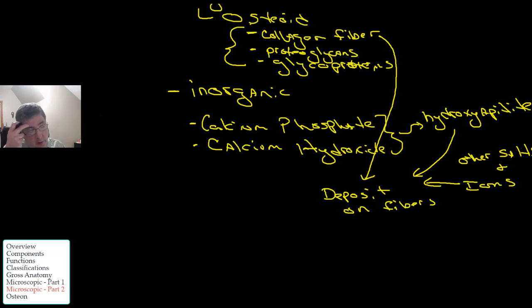If you recall from the previous video, I used the analogy, if you have a slug and the slime, and if it's raining or sprinkling, the raindrops would be the salt crystals. Well, these are the hydroxyapatite and these other salts and ions. That's the rain that deposits on the collagen fibers.